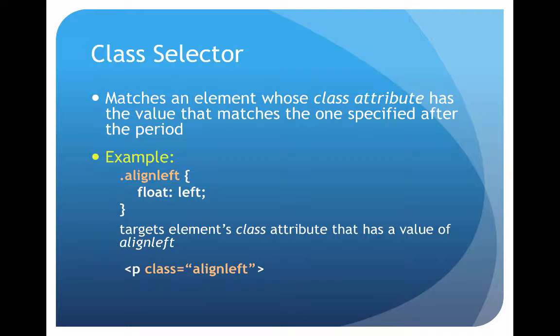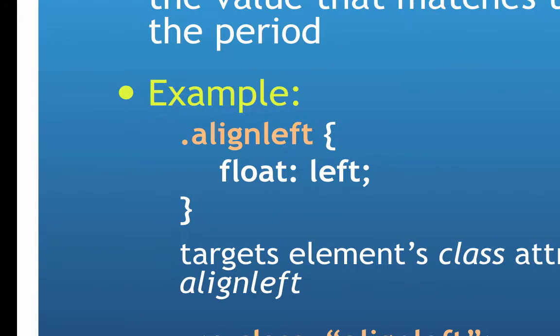These can be applied to virtually any attribute in our HTML. For example, this dot align left, and you'll notice that align left is not an element in HTML. It's not like a nav or an H1. This is a word that we've made up to describe something.